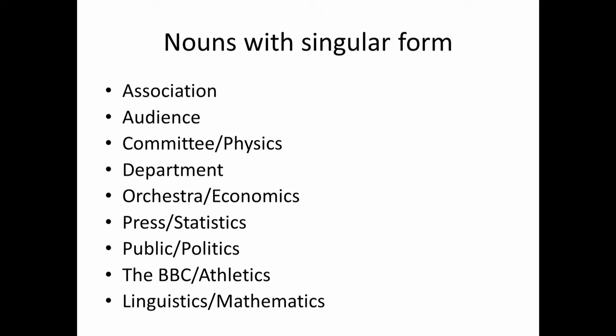So, committee, a subject like physics, department, orchestra, a subject like economics, press, statistics, public, politics, the BBC, athletics, linguistics, mathematics. All these nouns take a singular form of verb. Please make a good note of these.